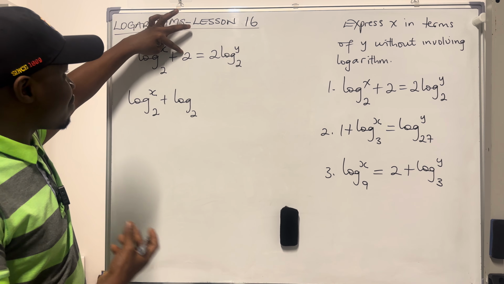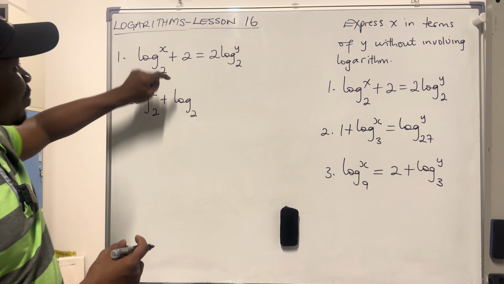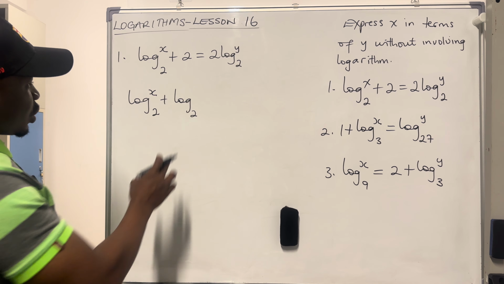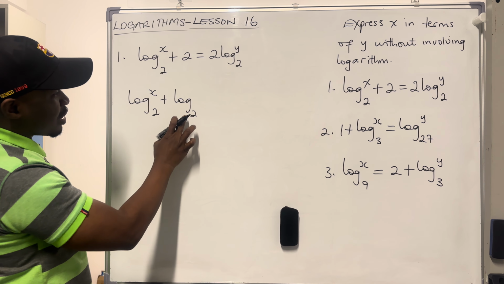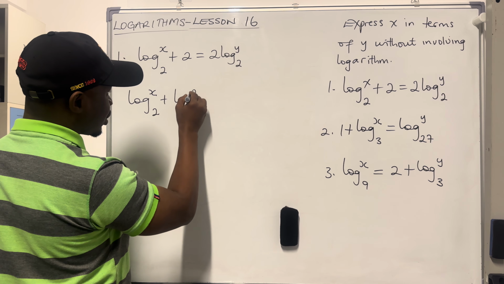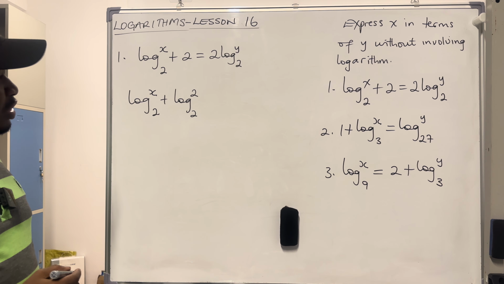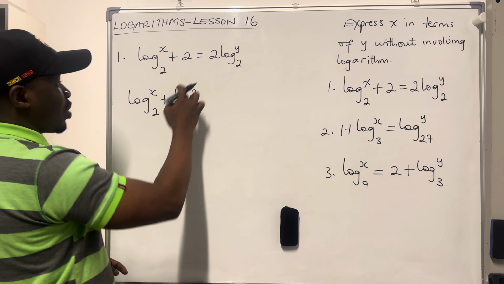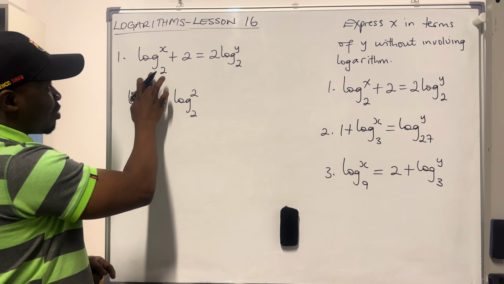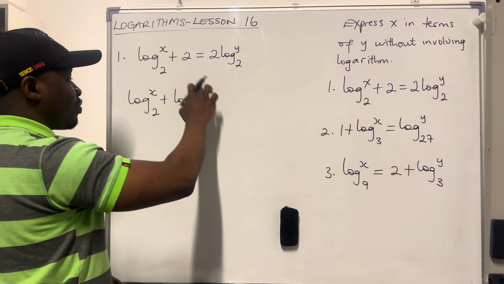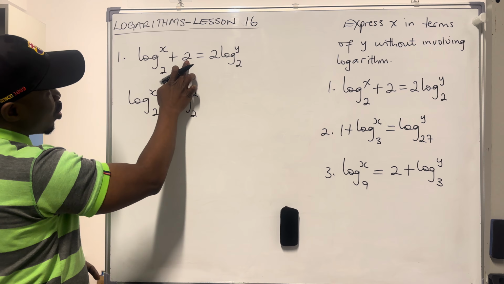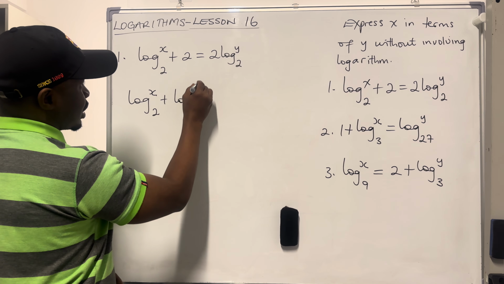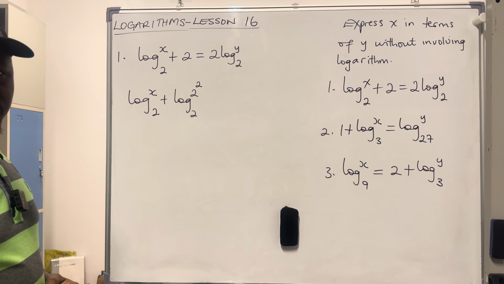Even if here is 5, 10, or 3, or whatsoever, the new one coming has base 2, with the number 2 again. So if this is base 3, we say log 3 base 3. Base 5, we say log 5 base 5. And the number itself is now acting as the power.